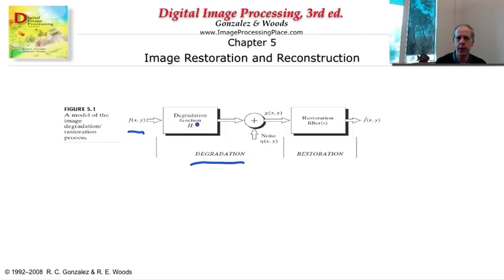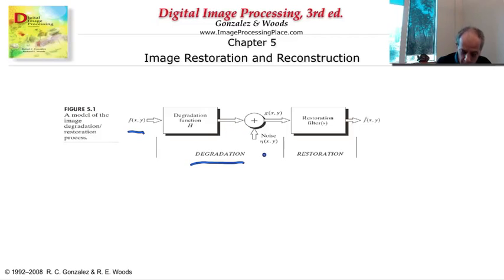Defocus. When we take a picture that is out of focus, that's basically a degradation. Another example is what's called motion blur. When we take pictures of something that goes very fast, we actually see that it's kind of blurry in our picture, and that's basically another type of degradation.